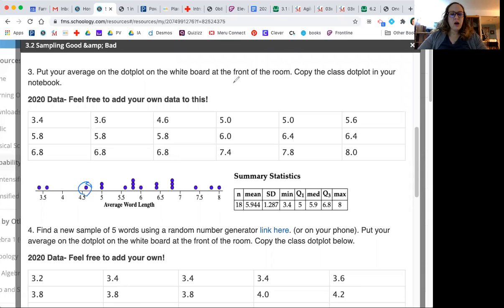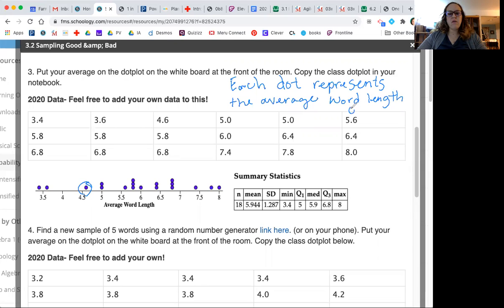Each dot represents the average word length of 5 words.